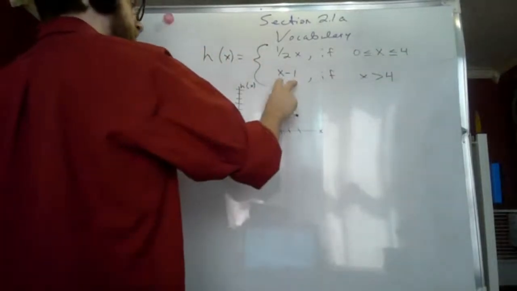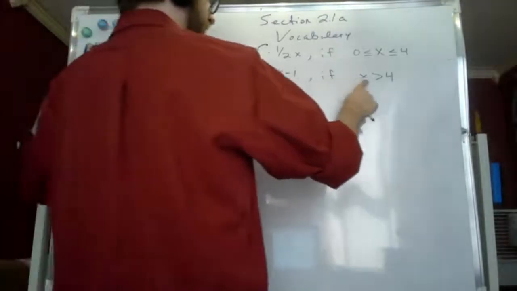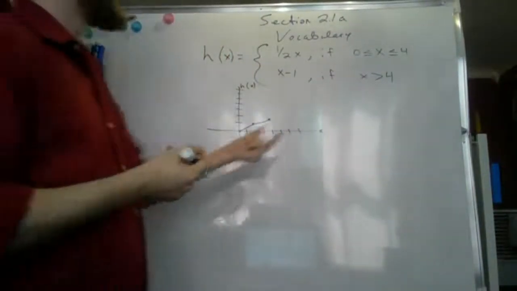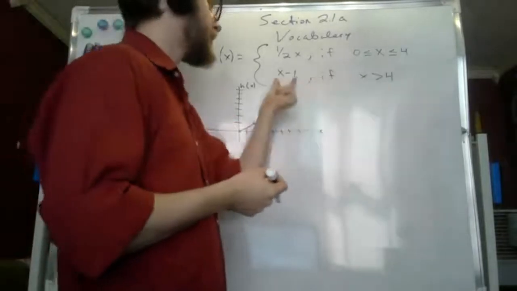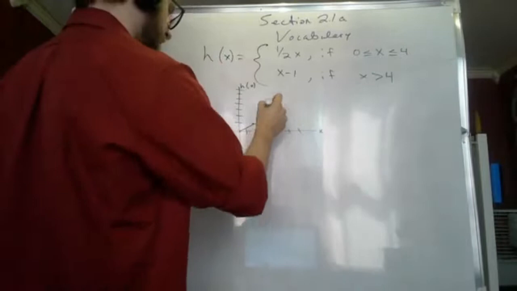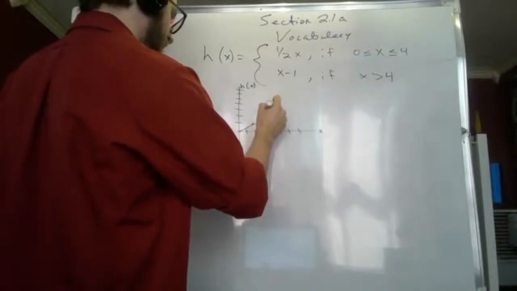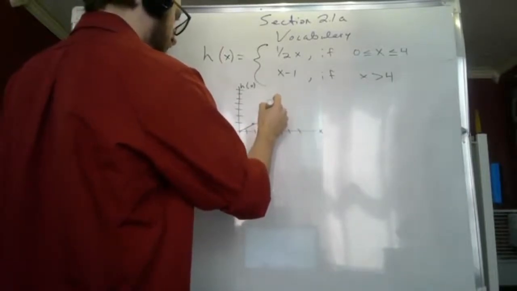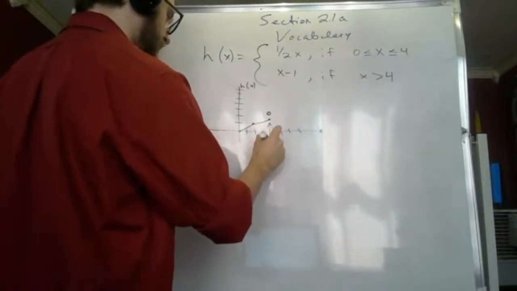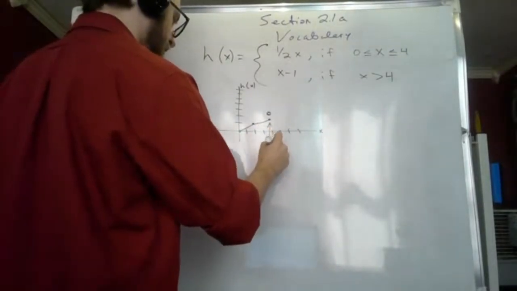Now we have the x minus 1 graph if x is greater than 4. So we can go ahead and figure out, what would it be if I did plug in 4 here? 4 minus 1 is 3. So that would give me a value at 3, which is 1 above this value here, which is 4, 2.